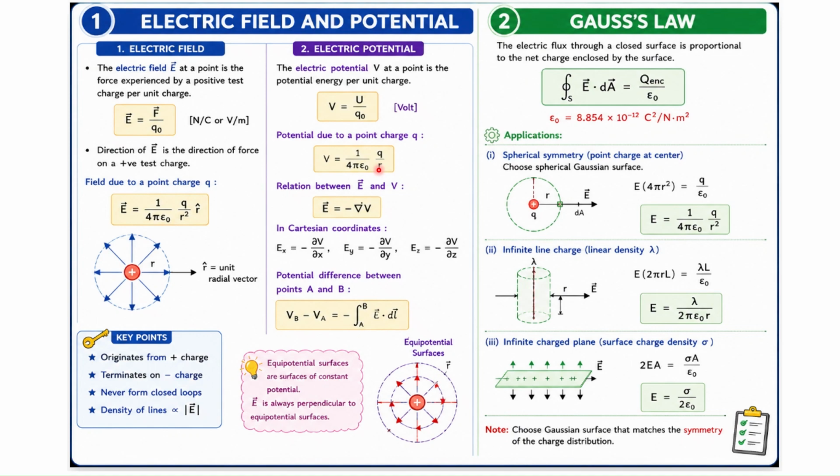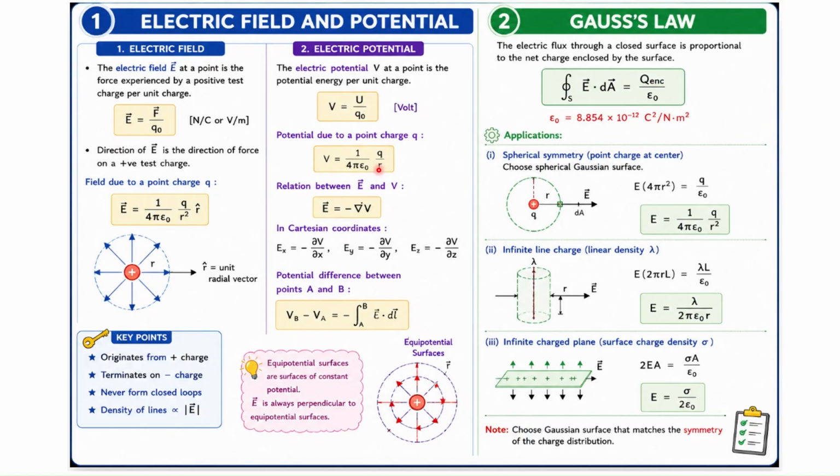The electric field is the spatial rate of change, or gradient, of the electric potential. Mathematically, we write this using the gradient operator: E equals minus the del operator V.